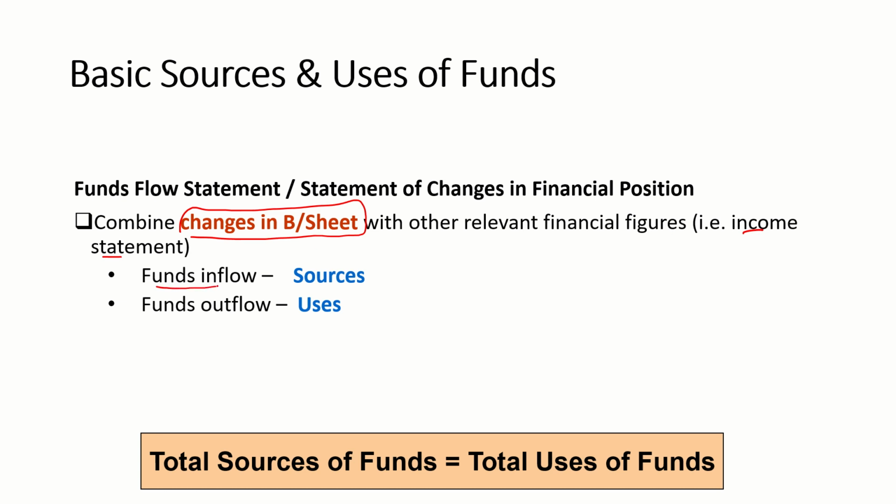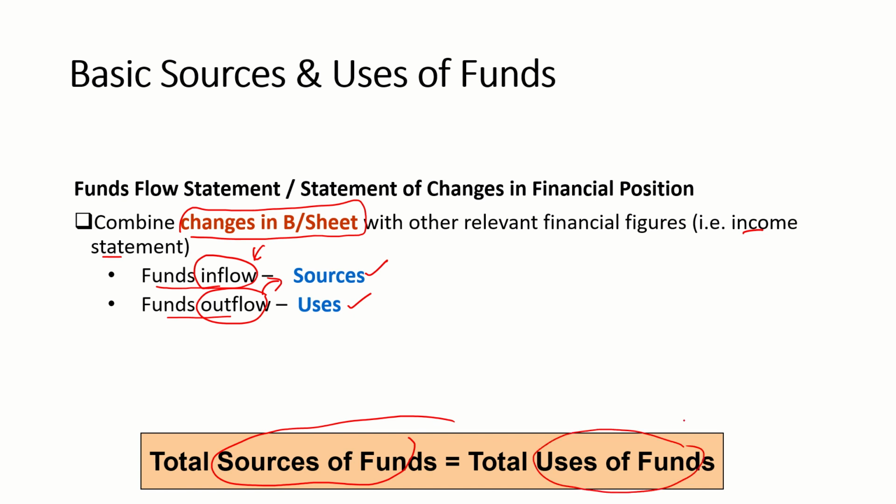Fund inflow, fund coming in, is called sources of fund. When there is fund outflow, going out, it is known as uses of fund. So basically, total sources of fund will be equal to total uses of fund.